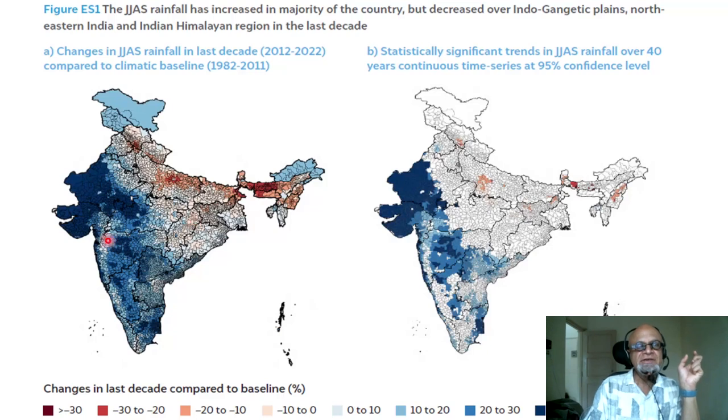But it doesn't change the fact that we have some seriously positive changes here. So these are the numbers here, a percentage change of greater than 30% and less than minus 30% when you have the dark red colors. Let's say this is mostly in the 20 to 30% deficit or decrease over this decade.